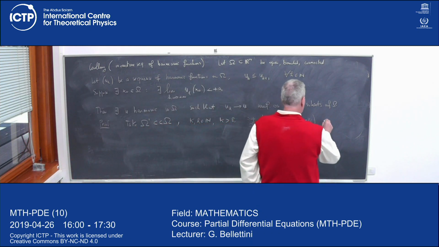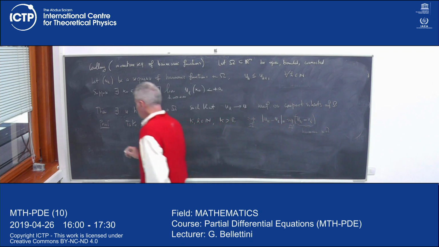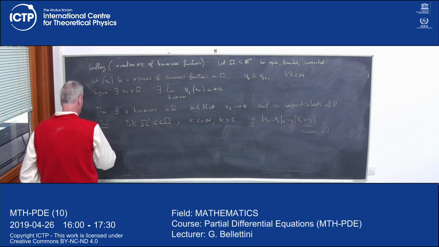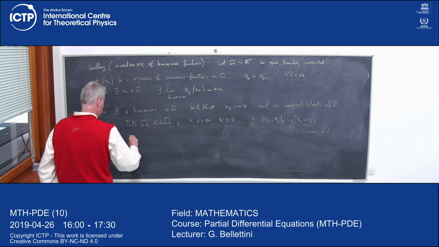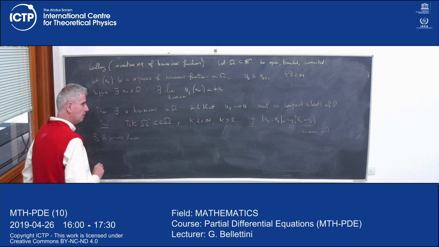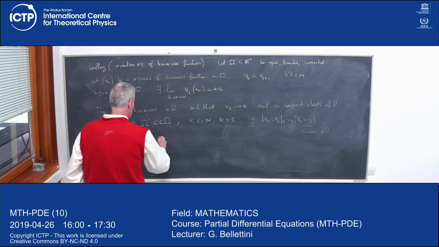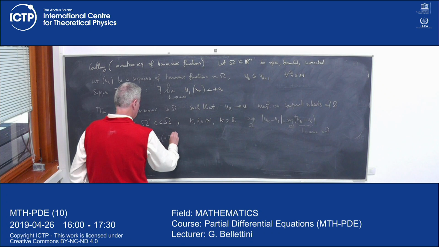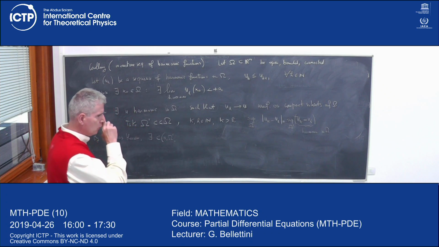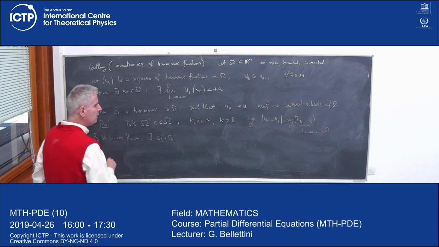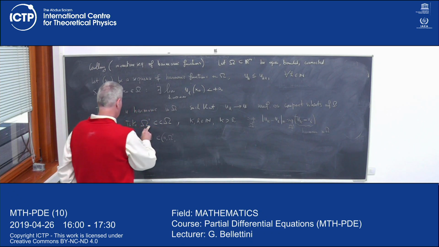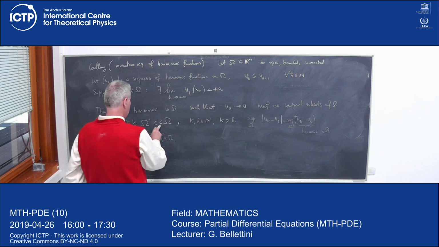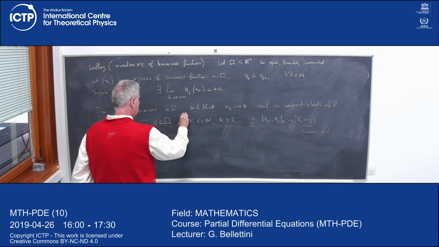So by the previous theorem, there exists a constant. Suppose also that omega prime contains x naught, which is not restrictive. So we have to add here to omega prime, and suppose also that x naught belongs to omega prime.